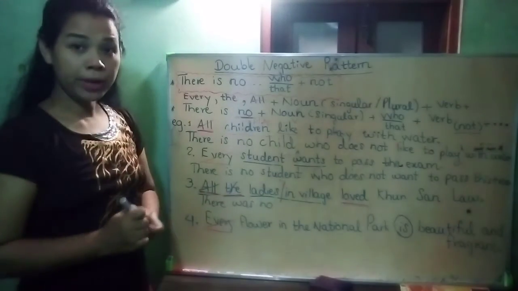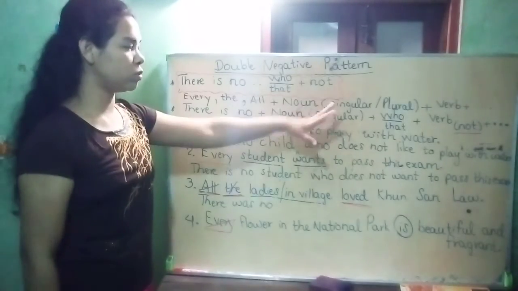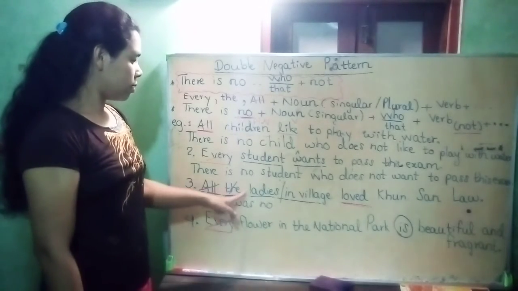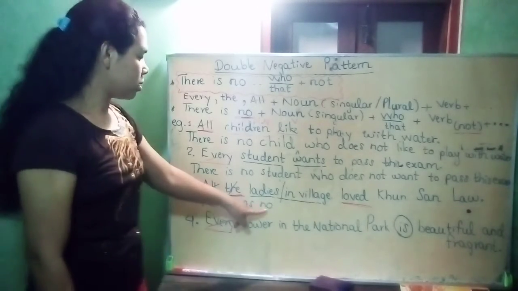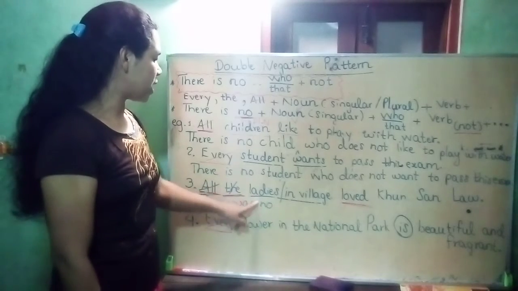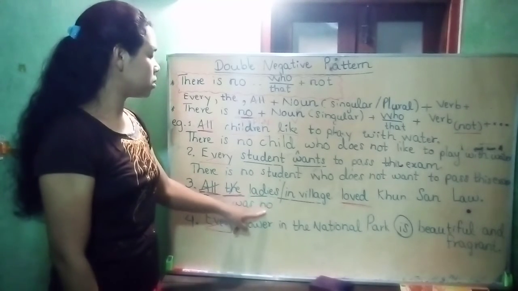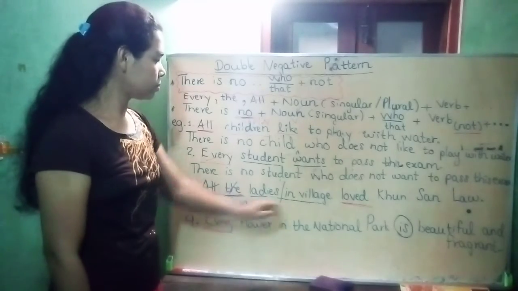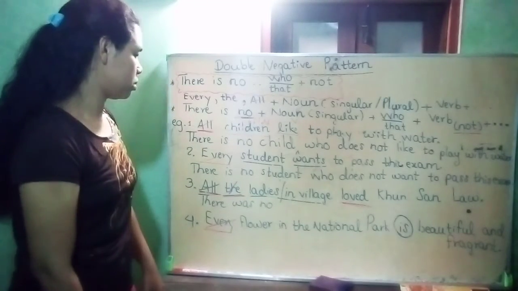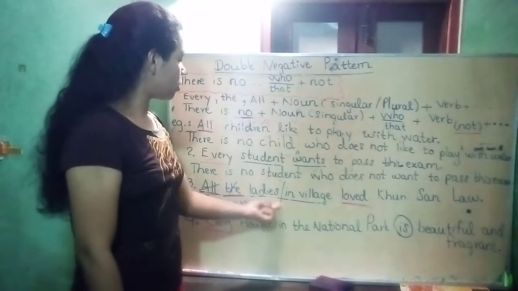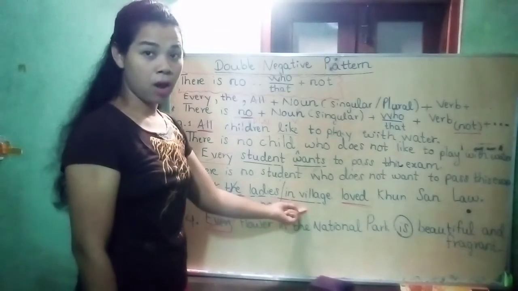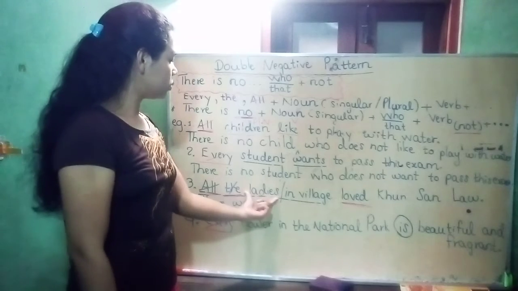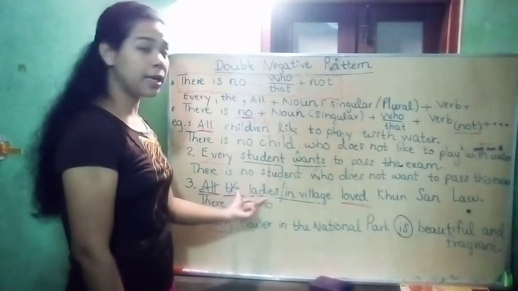Before you decide the conjunction, firstly, after no, after negative, a singular noun needs to be followed. Negative no is followed by a singular noun. So, please be careful about ladies.